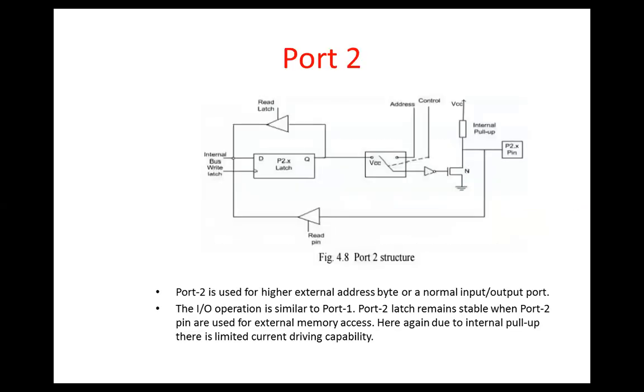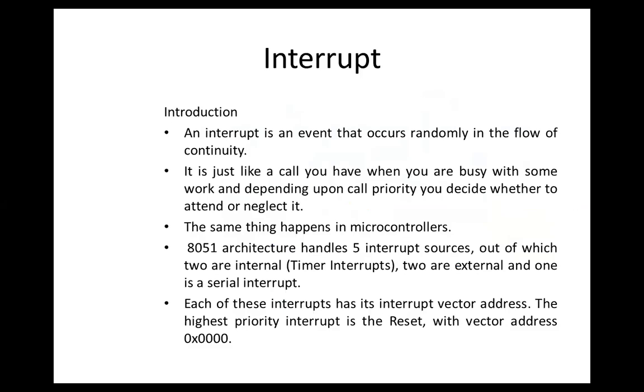In the first part of this unit, we discussed the ports. Next part is the interrupt. We have a program of the interrupts. For this program, you have to draw a square wave of some given frequency using a program.